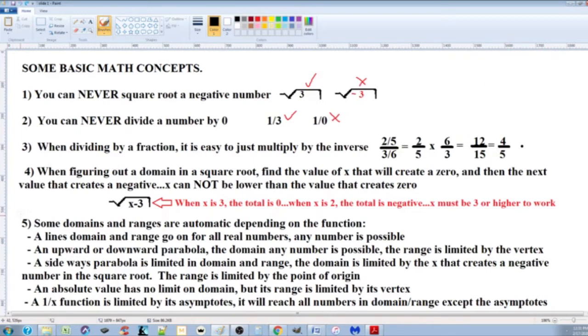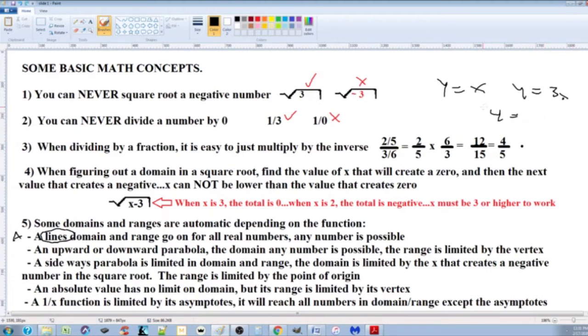And finally, 5. Some domains and ranges are automatic depending on the function. So when we're dealing with a line, so we'll call this A. When we're dealing with line functions, so y is equal to x, y is equal to 3x, y is equal to 5/3 x plus 6, doesn't matter what.